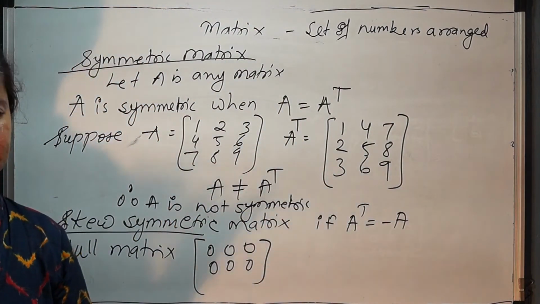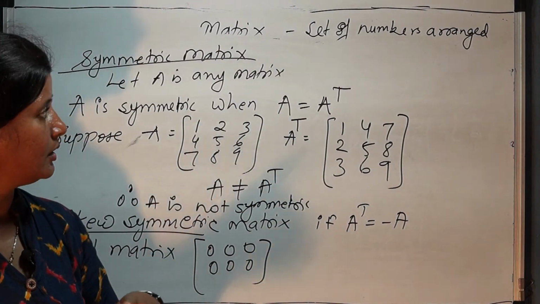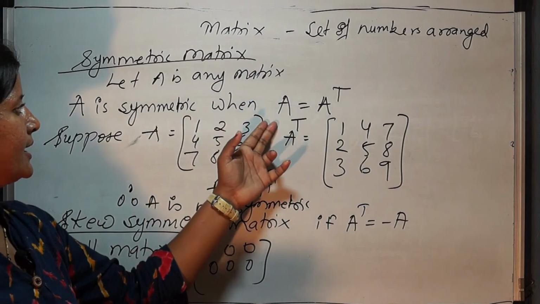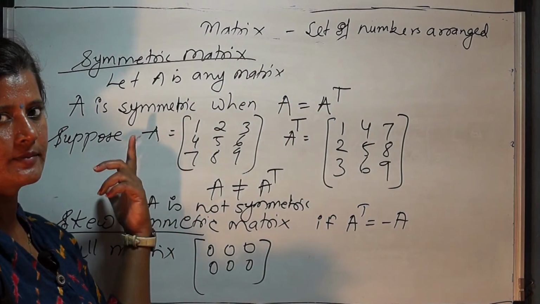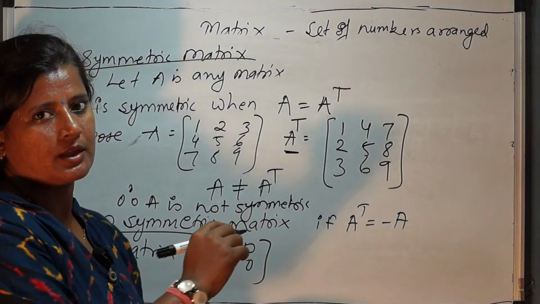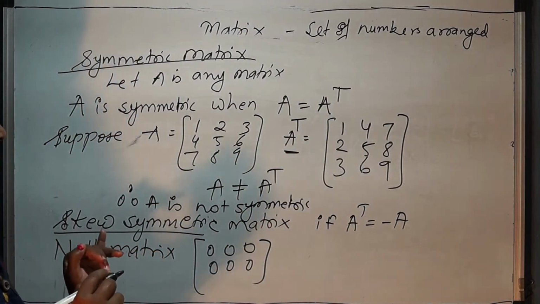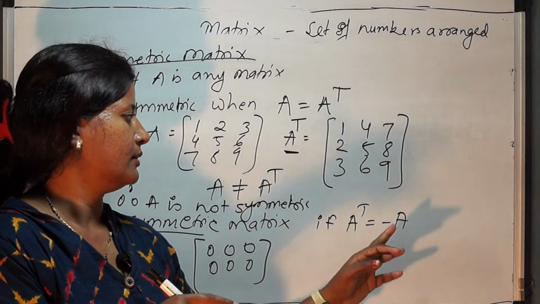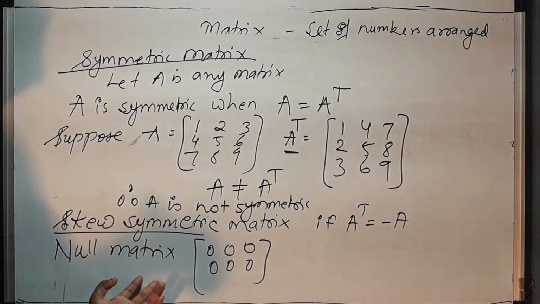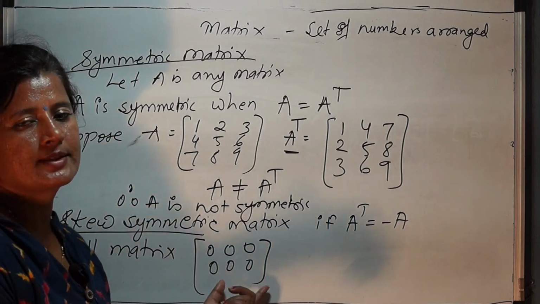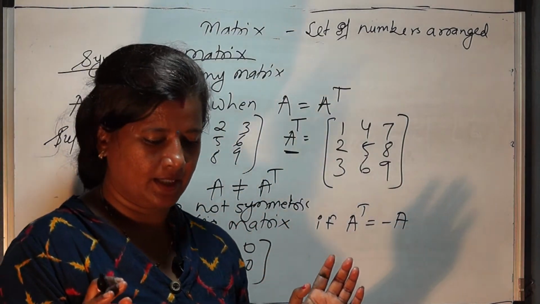Then we saw symmetric matrix. Symmetric matrix says if A is equal to A transpose, then it is symmetric. So how can we calculate A transpose? I told you. Then skew symmetric, if A transpose is equal to negative of A, then we can say matrix A is skew symmetric. Then the last one, the null matrix. Null matrix means having no element inside that matrix.